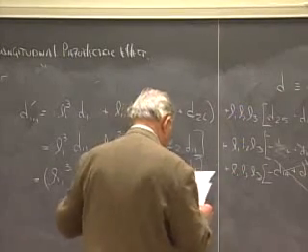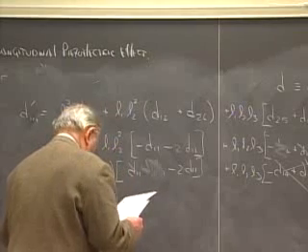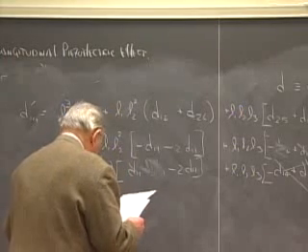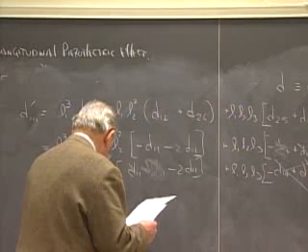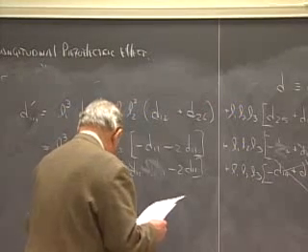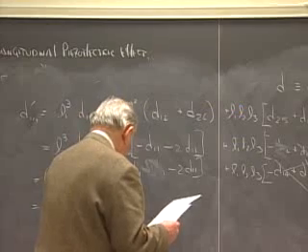This wants to end up being L1 cubed minus 3 L1 L2 squared times D11.